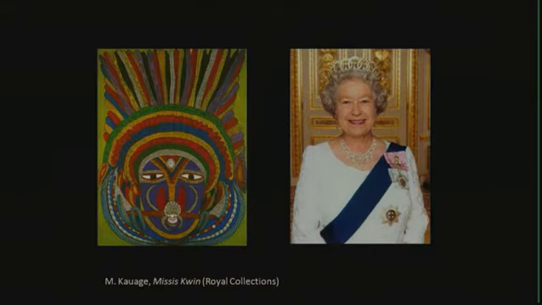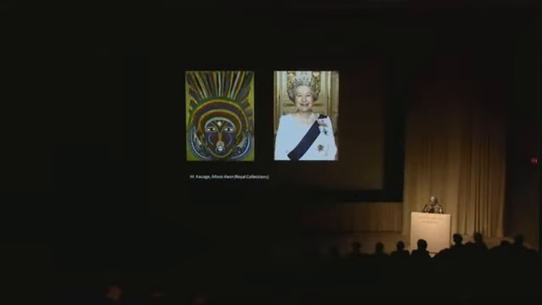And it's a portrait by Matthias Kawage, an artist from Papua New Guinea, now in the royal collection. It's a gift from Kawage himself, and it was warmly accepted by Her Majesty, who in return gave Kawage a medal, rather like the ones that she's got on here.